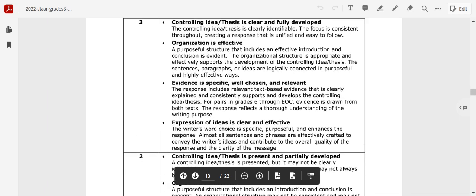And it does say right here, for pairs in grades 6 through EOC, evidence is drawn from both texts. That was what I was talking about with the double passage. Word choice is going to be huge. Paraphrasing, being able to pull that evidence out of both passages, transitions, all of that.